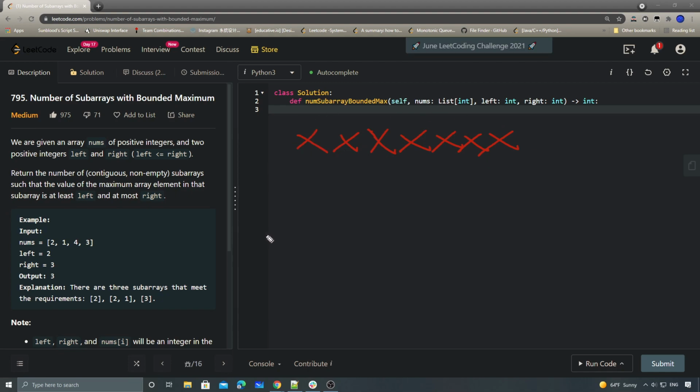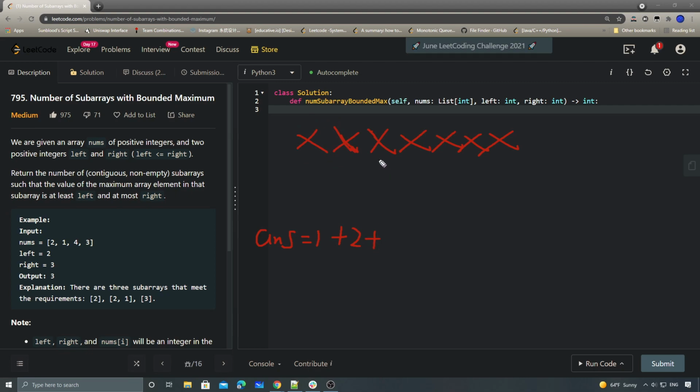Let's say we have an answer. At the first place, the answer will be 1. When we move to the second one, we're accumulating, adding 2 more, because it's this number plus the previous one. That's why we have 2.